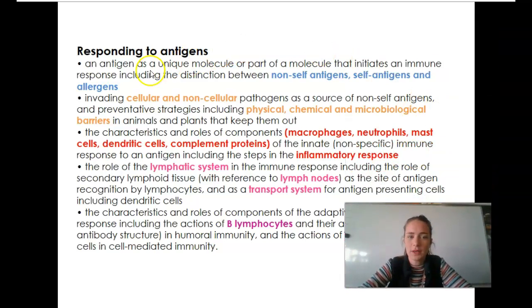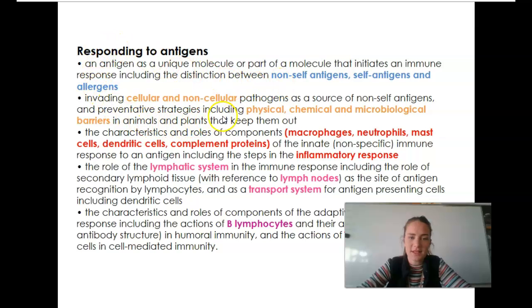So we've already had a shot at dot point number 1. Hopefully the words in bold there in blue you can definitely tell me something about, and use confidently in a sentence to describe them. So what a non-self antigen is, self antigens and allergens.